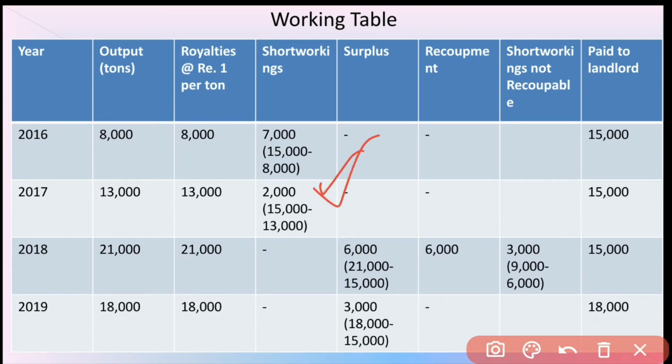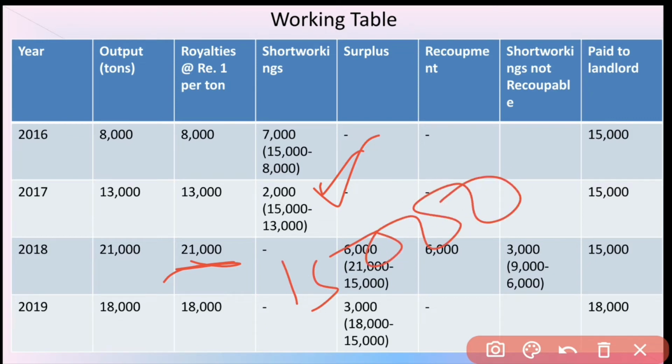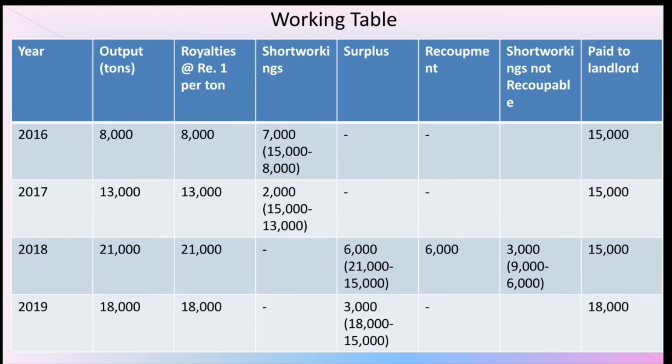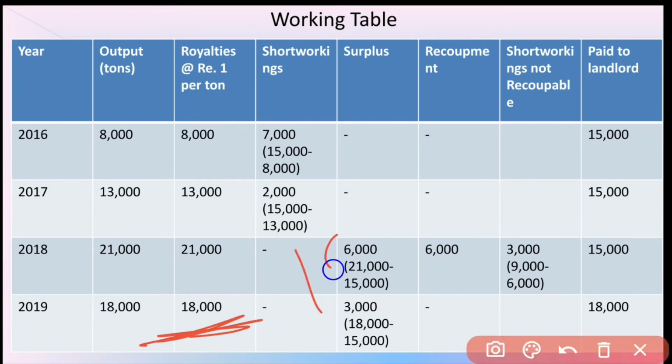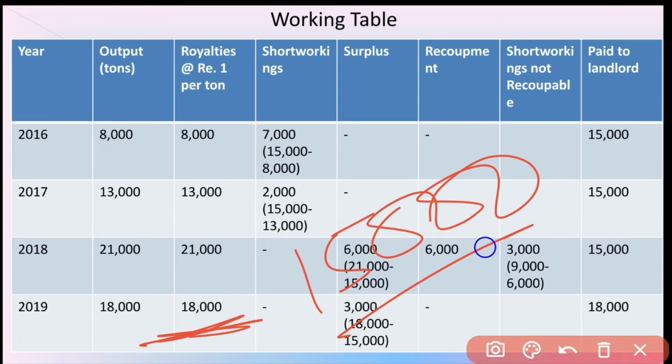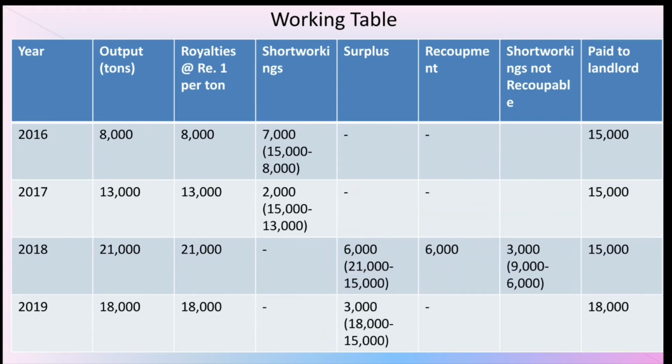This comes out to be 2,000, right? In the third year, my royalty is 21,000. So there's no short working because minimum rent is 15,000. So my royalty is more than the minimum amount. So there will be no short working, right? In the fourth year, again 18,000 is more than 15,000, the minimum rent. So there will be no short workings.